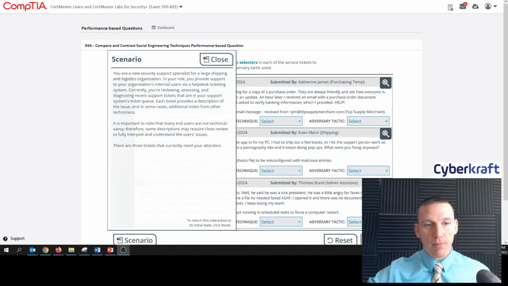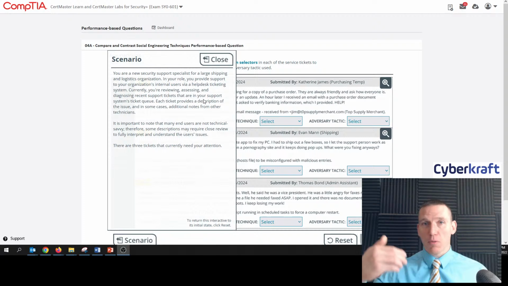Okay, so we have some key pieces of information here. Sometimes these scenarios, their description is completely useless. Sometimes they're very useful. Here we have some things we want to pay attention to. It says we're a security support specialist for a shipping and logistics organization. So our organization manages shipping. So we've got to keep that in mind, okay? We provide support to organizations via help desk ticketing.